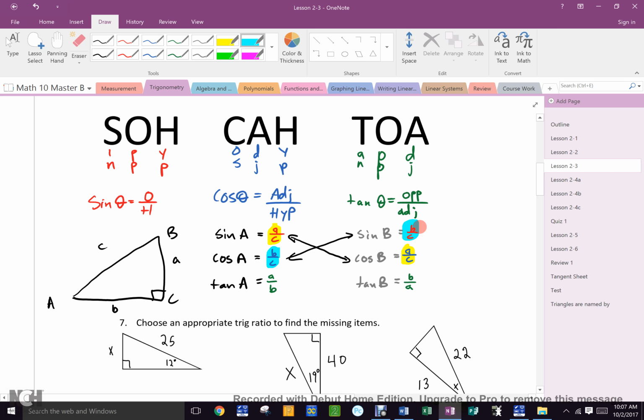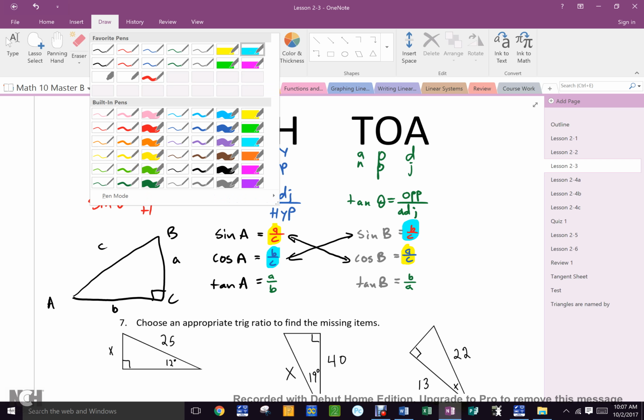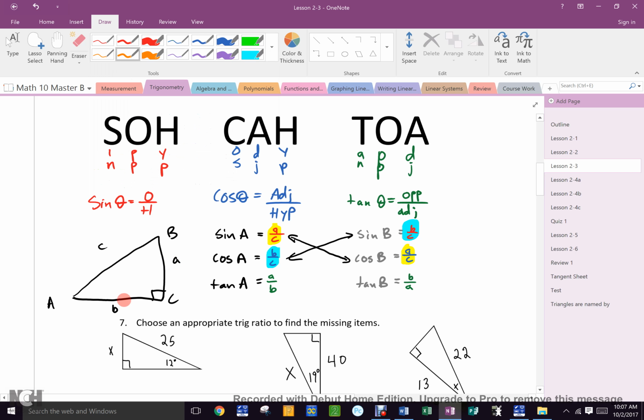Would this chart here change if I put numbers here? What would the sine be if this was 6 and 8? Sorry, not 5 and 7.